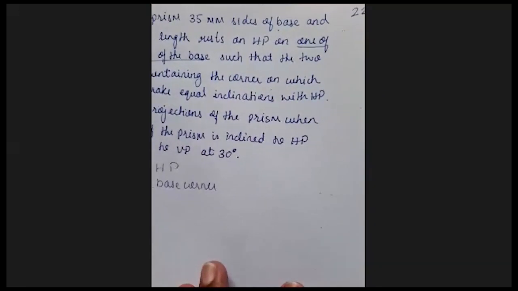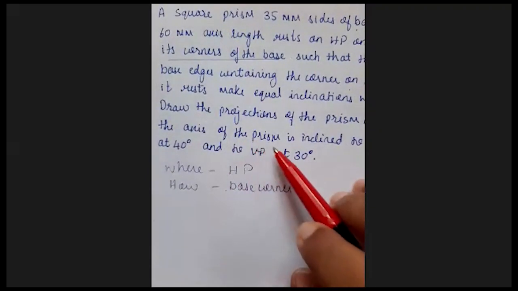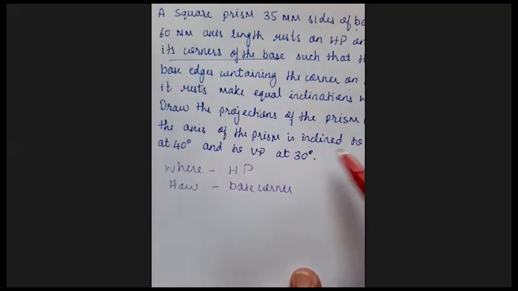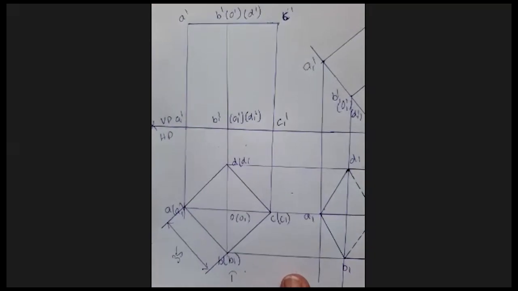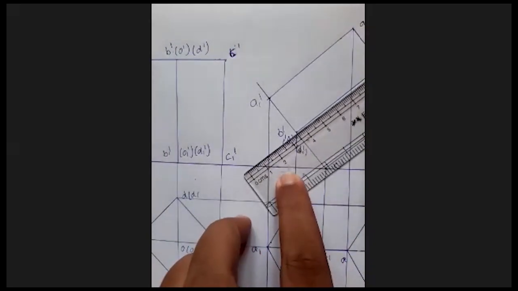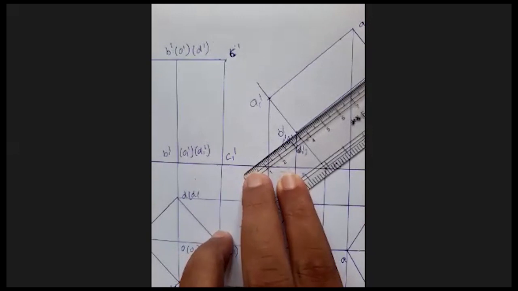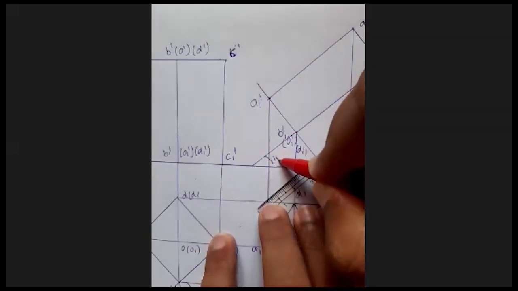That is, to draw the projection of the prism, the axis of the prism is inclined to HP at 40 degrees. So I'm going to draw an axis in such a way that I convert my axis inclination to the base inclination. So this is my 40 degrees.